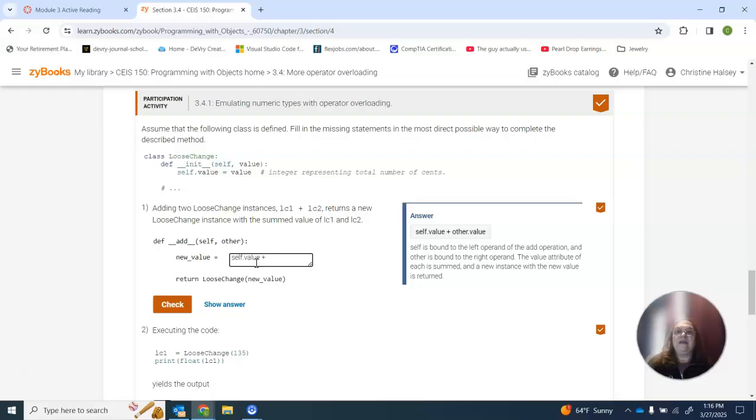Then we pick up the next one, stored in other.value, and those two get added together and stored back in new value. So we have the self and the other, getting added together and stored in new value. Then new value is returned to LooseChange.